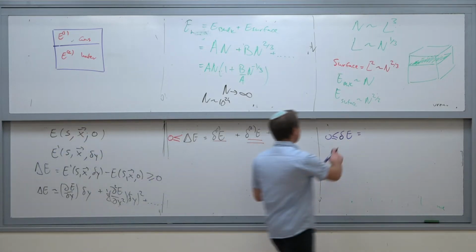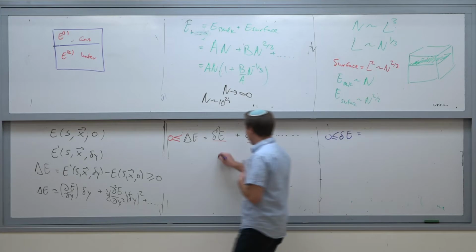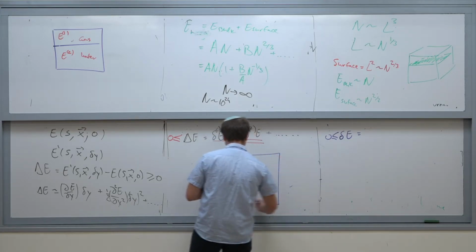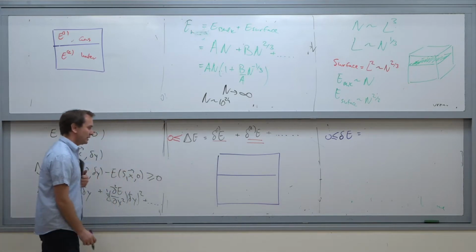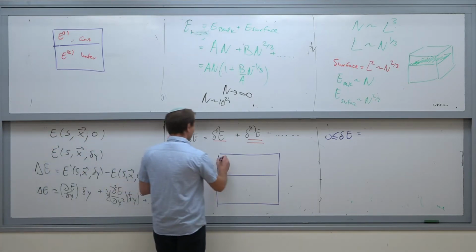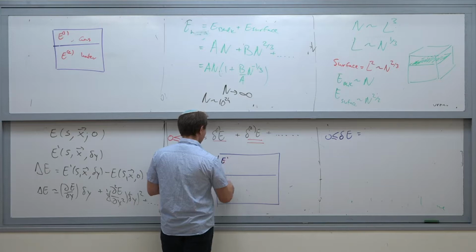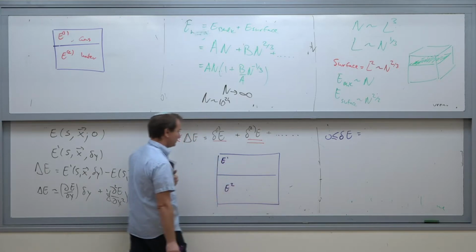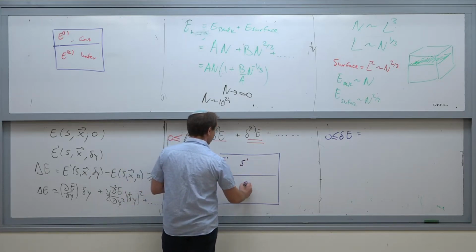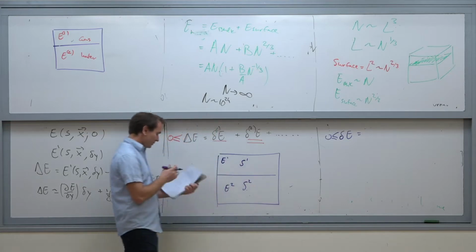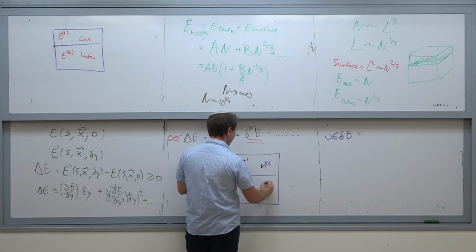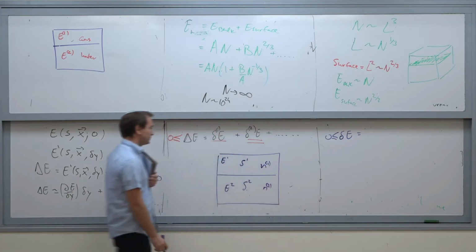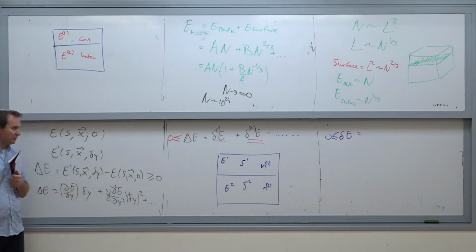So what is delta E? Remember, I have two systems. E1, E2, S1, S2, N1 and N2, for simplicity. They were in equilibrium.